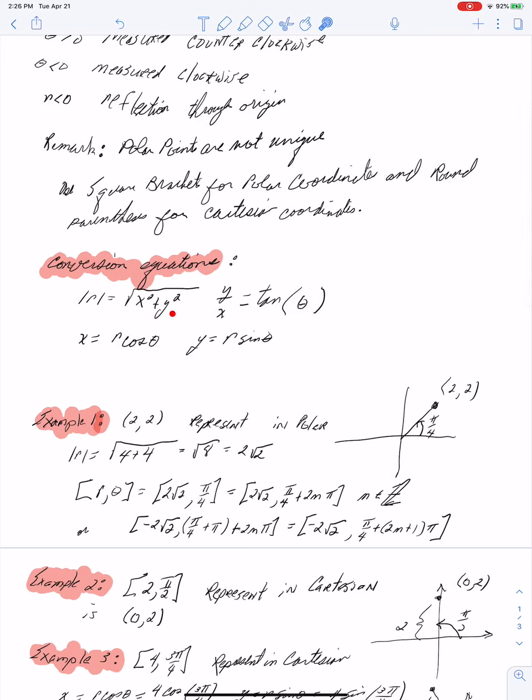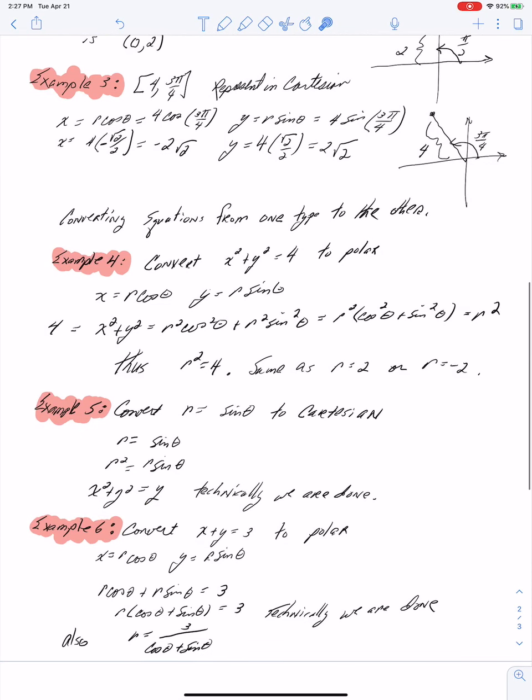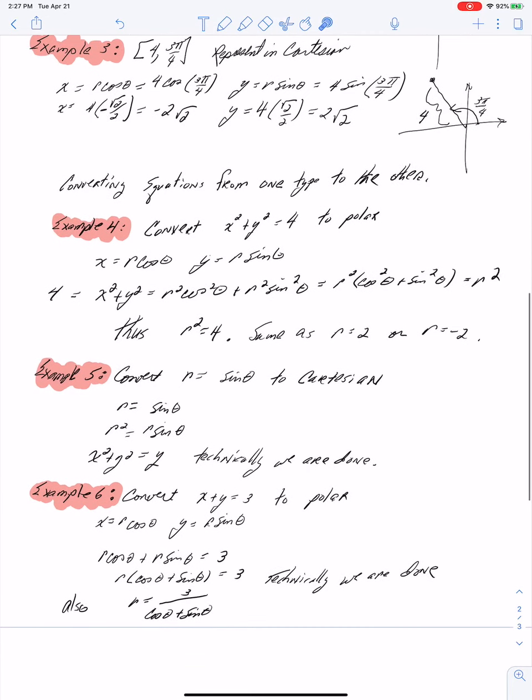I know what r sine theta is. It's y. So I get x squared plus y squared equals y, and guess what? I've just converted a polar equation into a Cartesian equation. And I urge you to put that in standard form and realize that that is a circle, although its center is no longer at the origin.